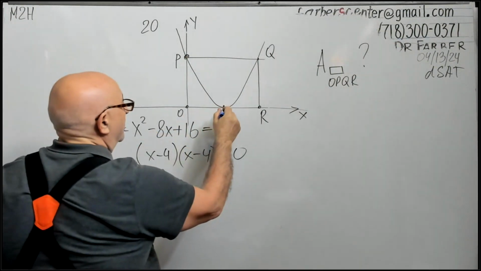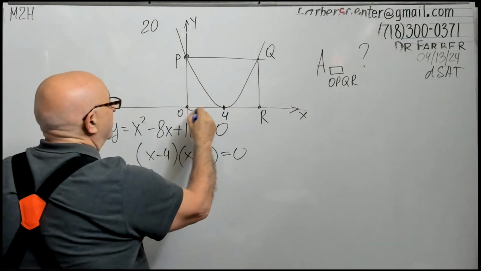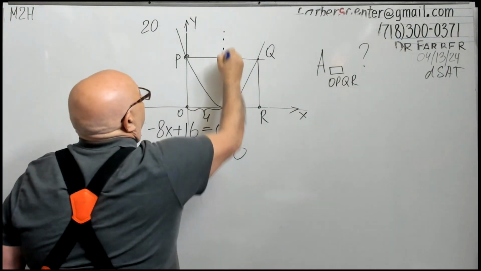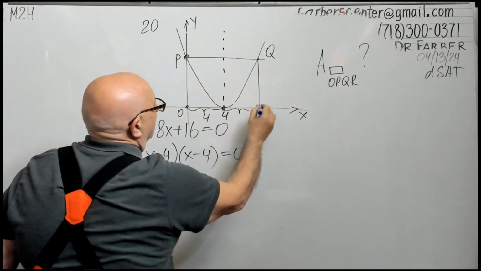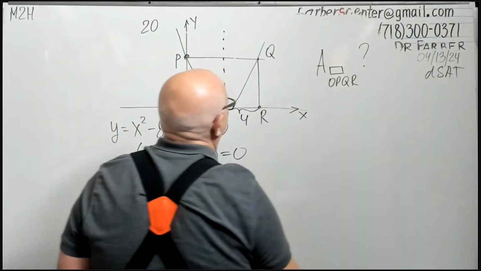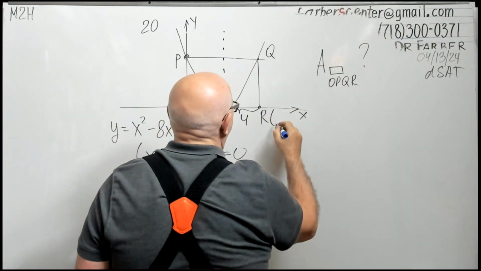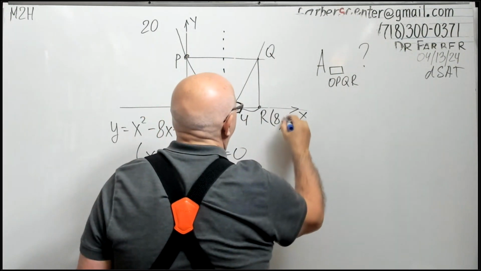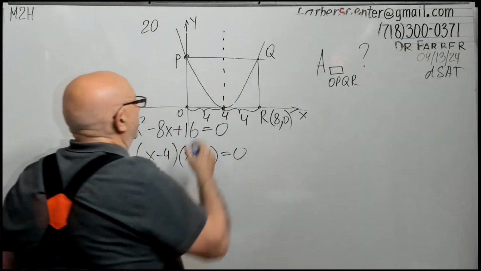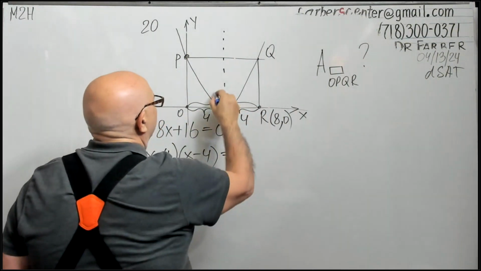So this is 4, and this is 0, which means this distance is 4. Since the parabola is symmetrical, this is also 4. So the coordinate of point R equals 4 plus 4, 8, 0. So far so good. So this side of the rectangle is 8.